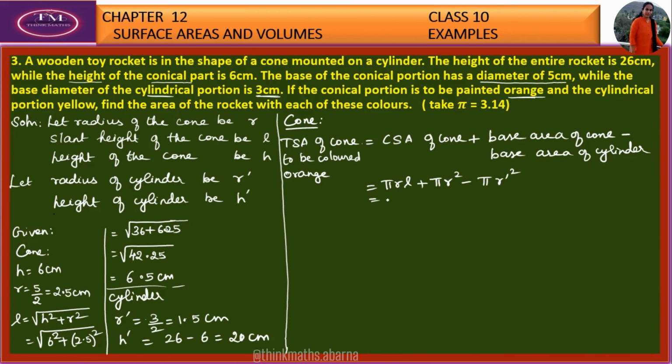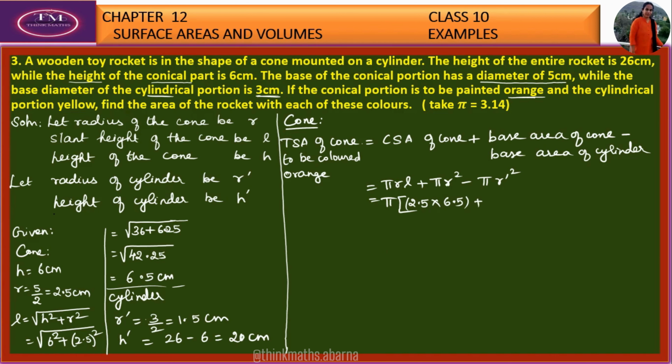Now pi is common, so take that pi outside. What is R? The radius of the cone R is equal to 2.5, and the slant height L is equal to 6.5. So 2.5 into 6.5.